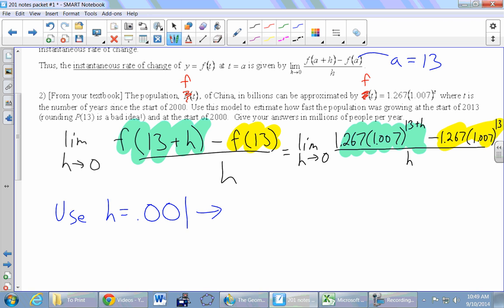And so then all I'm going to do is copy my fraction, 1.267, 1.007 to the 13 plus 0.001. See, just change the h's to 0.001s.